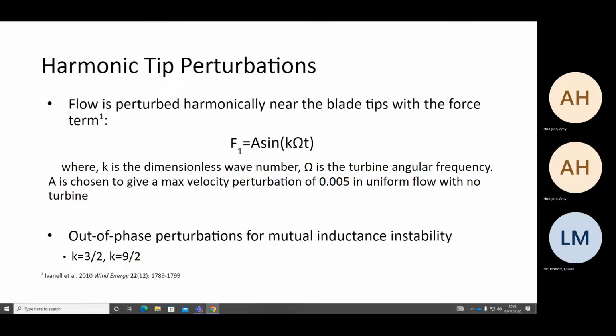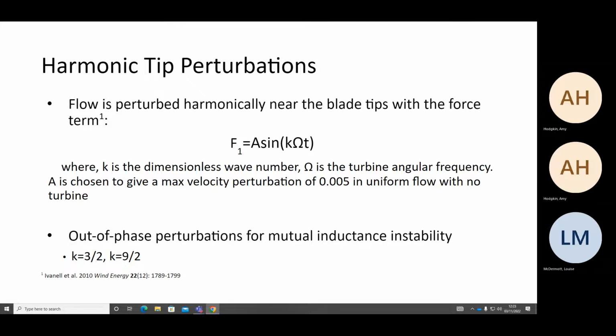Then we are adding harmonic tip perturbations to perturb the flow and trigger the mutual inductance instability, so we can see how these inflow conditions affect that. So what we have is a sinusoidal force term, which is located just where the blade tips are located in our simulation.